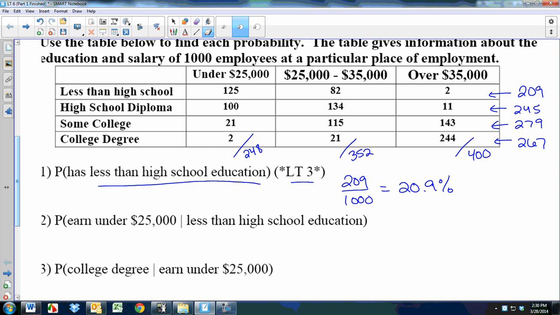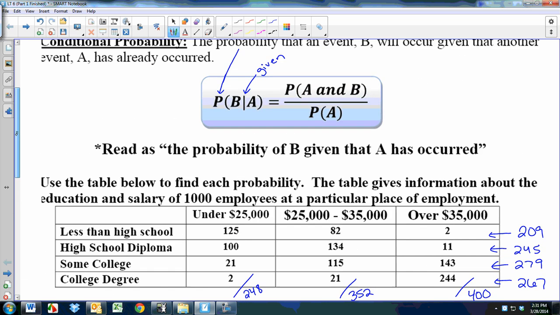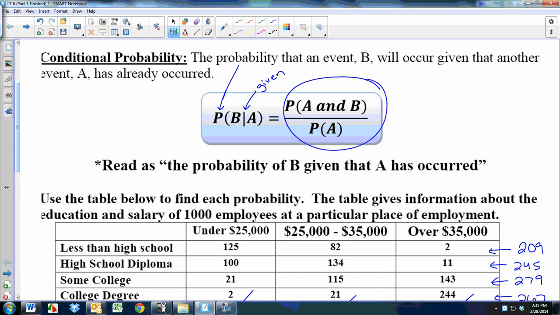All right, number 2. Now we are looking at the given conditional probability. So number 2 is read this way. Find the probability of picking a person that earns under 25,000 given that the person has less than a high school education. All right, for this question, we're going to use the definition, the formula above.